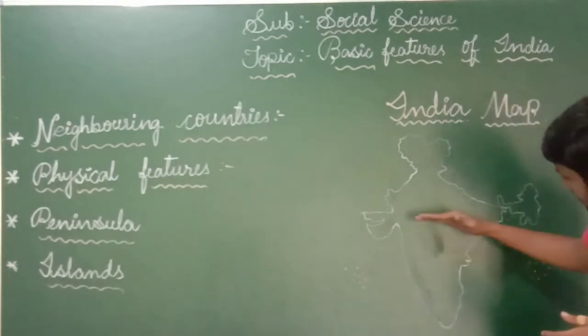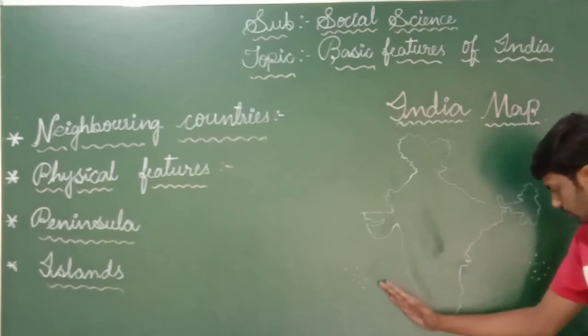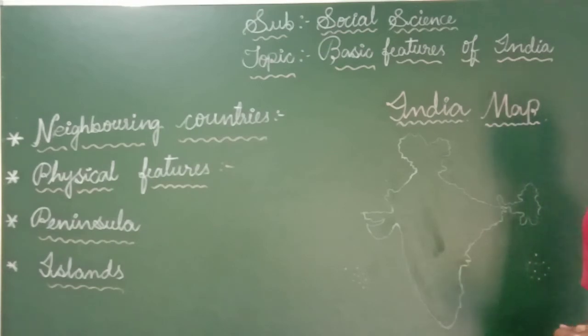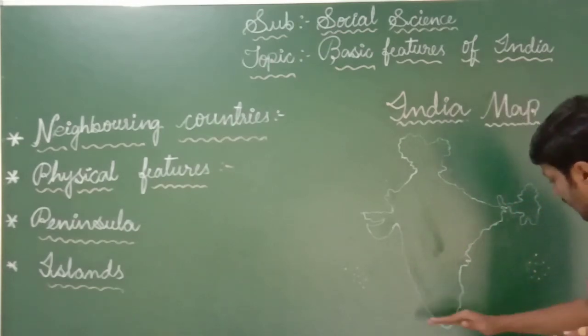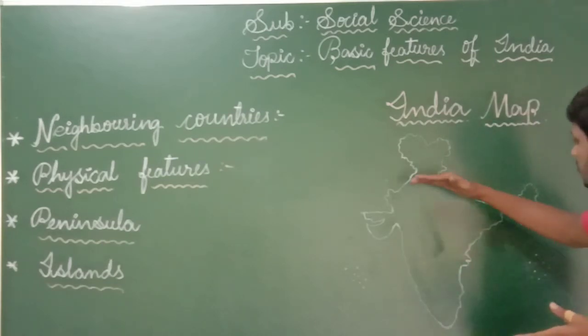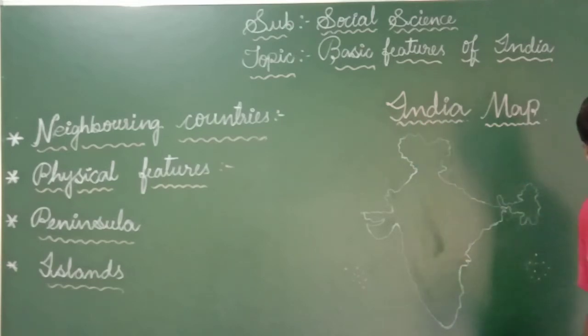I mean the southern part of our nation. The southern part of our nation is covered by water bodies on 3 sides, and one part is covered by the land surface. In the northern part, the Himalayan ranges and our neighboring countries are located.